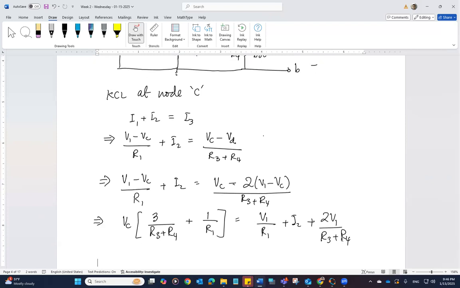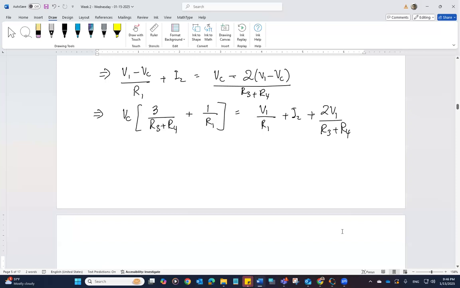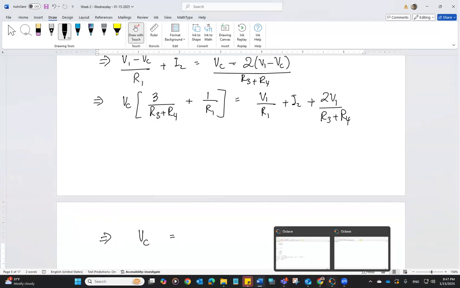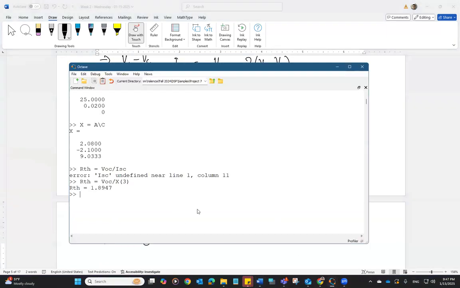And from this equation, we can easily find the value of VC. VC will be equal to the right-hand side divided by the multiple of VC. So instead of writing it again, I'm just going to use MATLAB and calculate that.